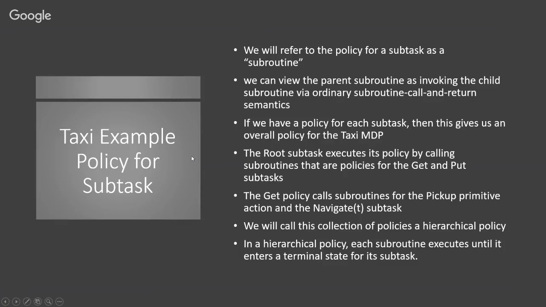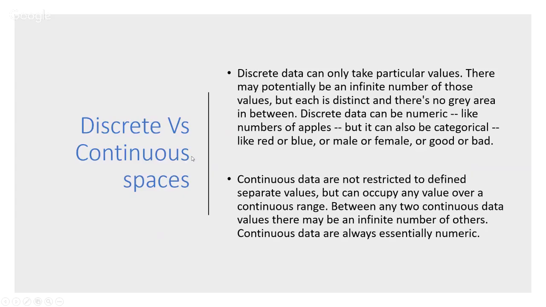Now that we've gone through that, I'm going to talk about discrete versus continuous spaces, or data, or whatever you want to call it. So discrete data can only take particular values. There may potentially be an infinite number of those values, but each is distinct and there's no grey area in between.